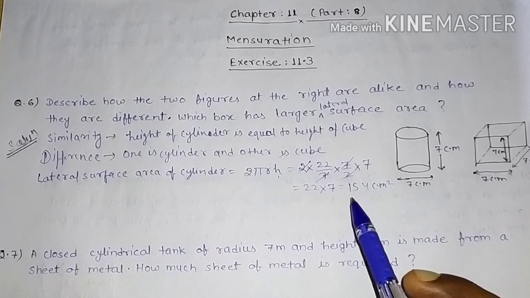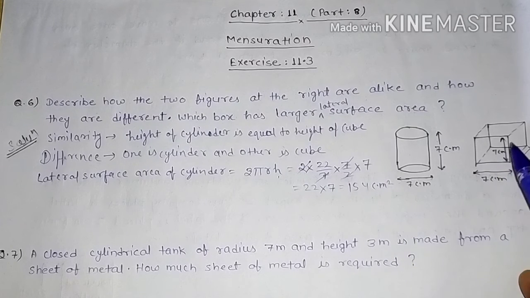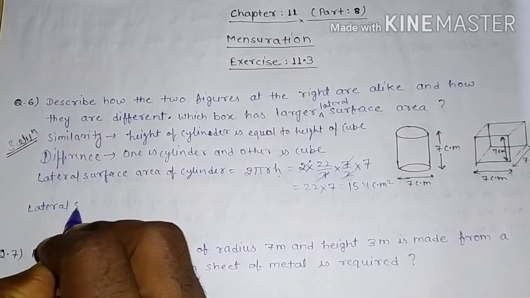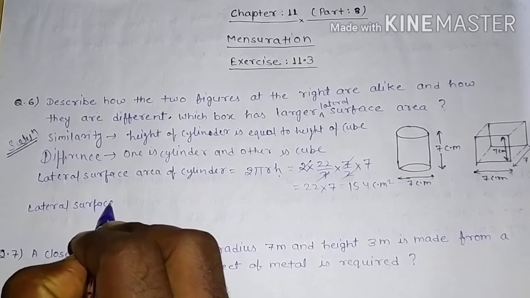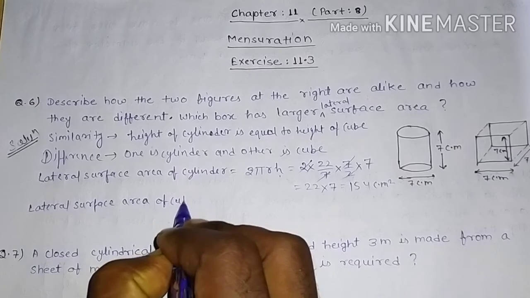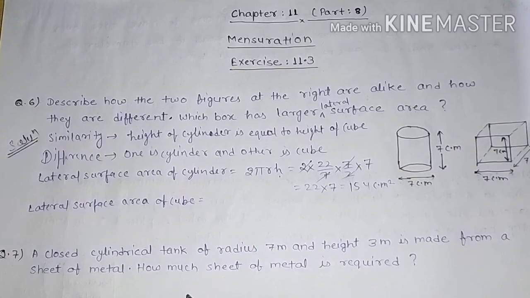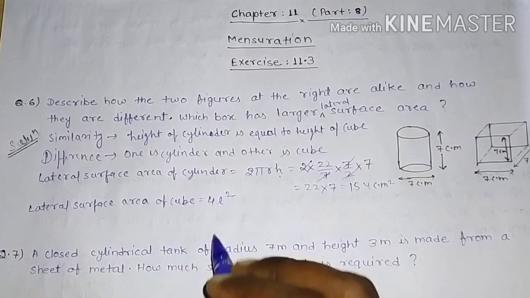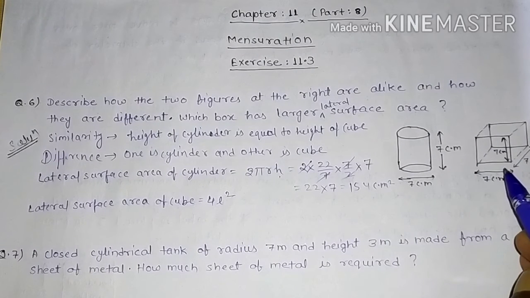Now similarly we have to find the lateral surface area of the cube, where its side is given 7 centimeter. So the formula for lateral surface area of cube, we know, is 4 l square, where l is the side of the cube, which is given 7 centimeter.